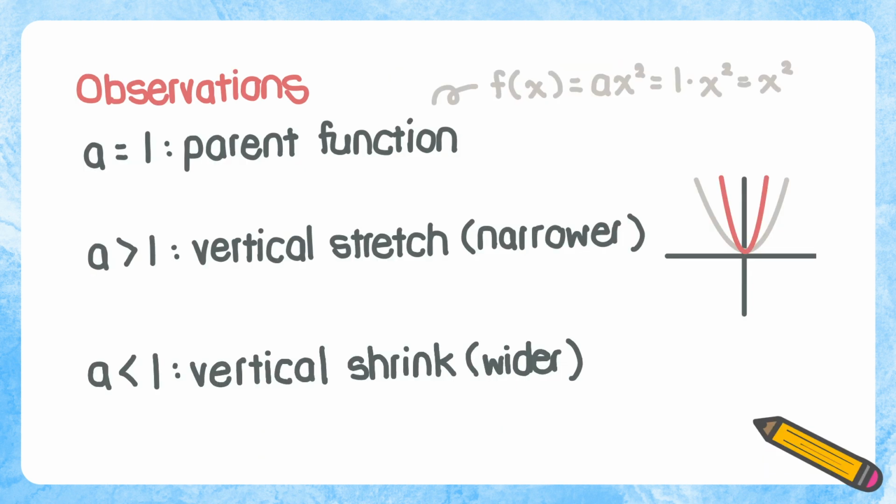So when a is less than 1, so something like 0.4 or 0.7, there is a vertical shrink. The graph becomes wider. So notice here, the graph is wider compared to our parent function.